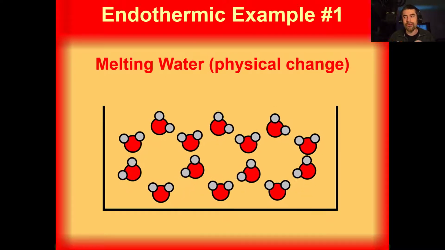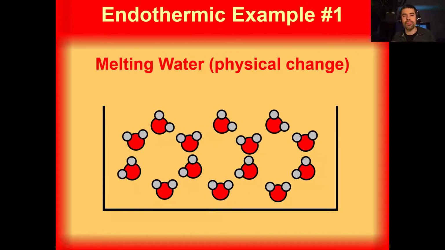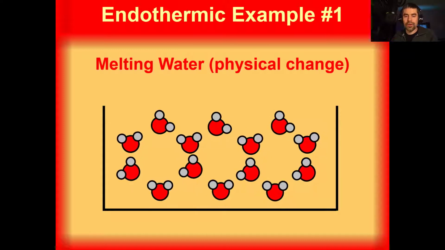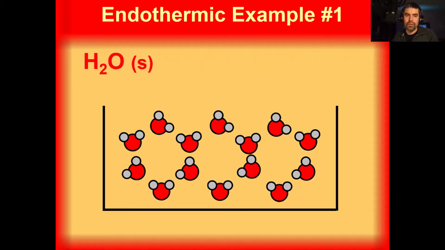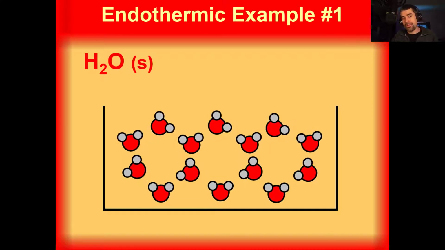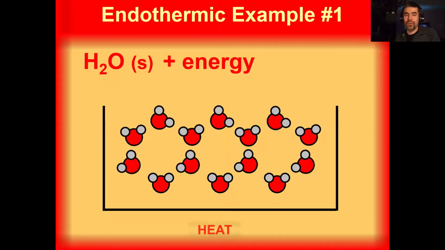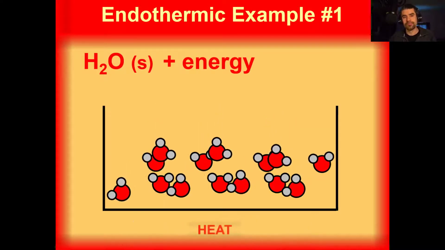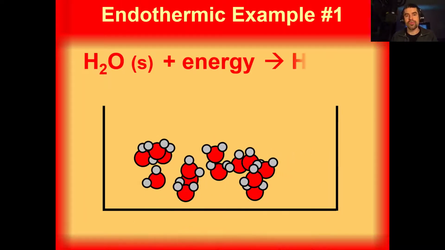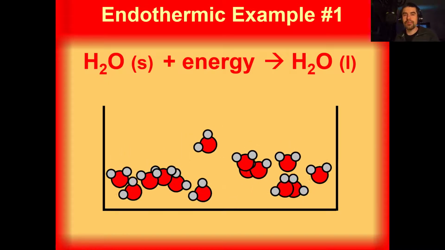The particles are vibrating slightly, but they aren't moving around each other. We have solid water, and to make it into liquid water, we need to add energy, heat energy, and eventually those particles will start to move around each other and they become liquid water.